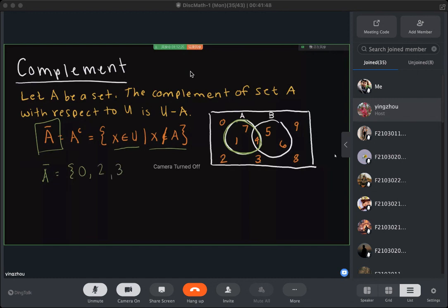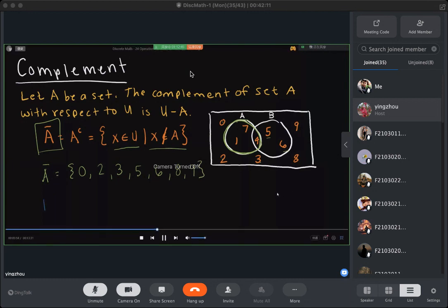Notice these are all out in the universe. Still, 5 and 6 are not hanging out here, they're in set B, not including the 4, but 5 and 6 are not in set A. And then of course 8 and 9. So not A would be 0, 2, 3, 5, 6, 8, 9.